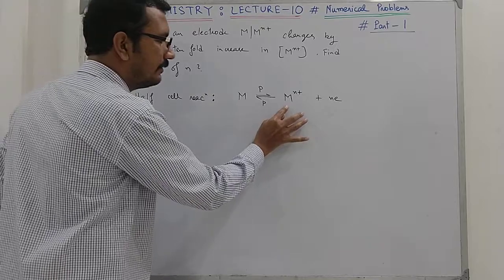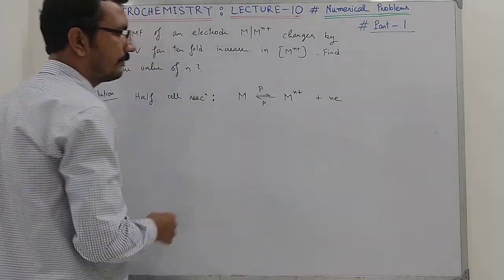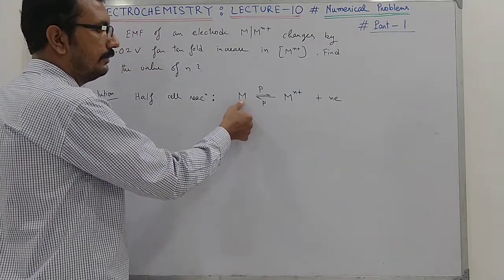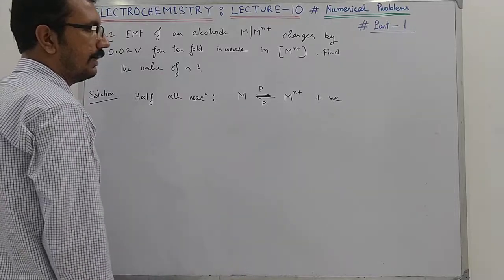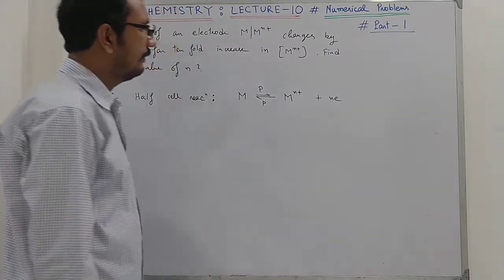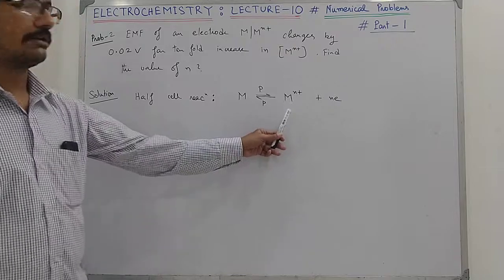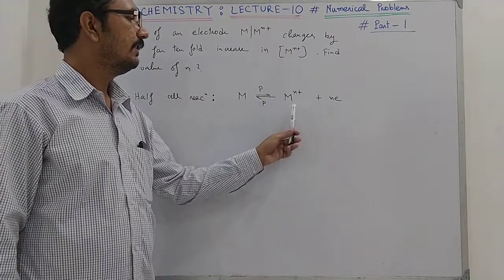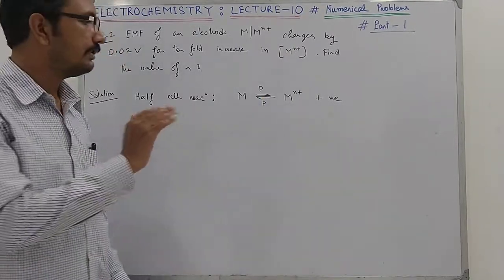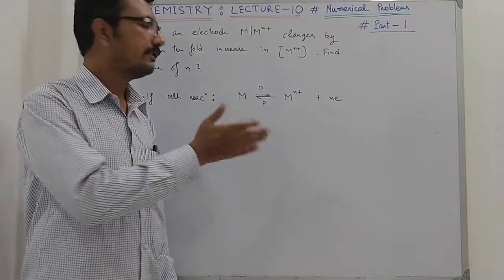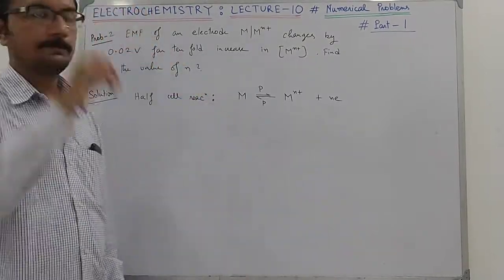And it will come to this electrode after taking up electrons. So it will favor the reduction part. Increase in concentration will favor the reduction part. So reduction potential will increase and oxidation potential will decrease.